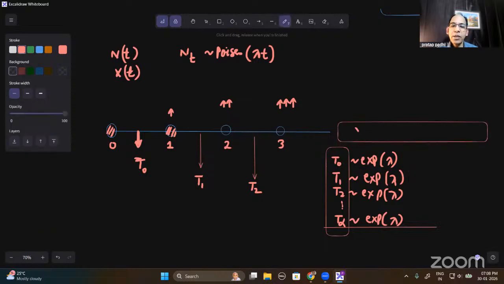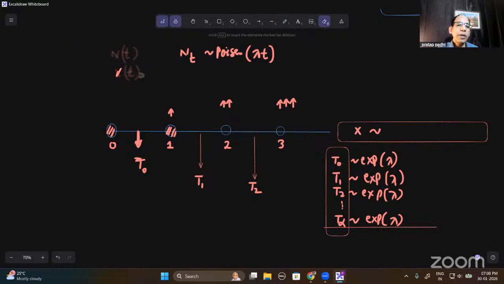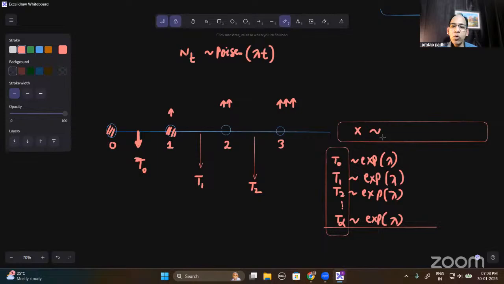Suppose X is my total waiting time. I have not taken X here, so don't get confused. I have taken NT. So my X will follow gamma distribution with parameter alpha and lambda.